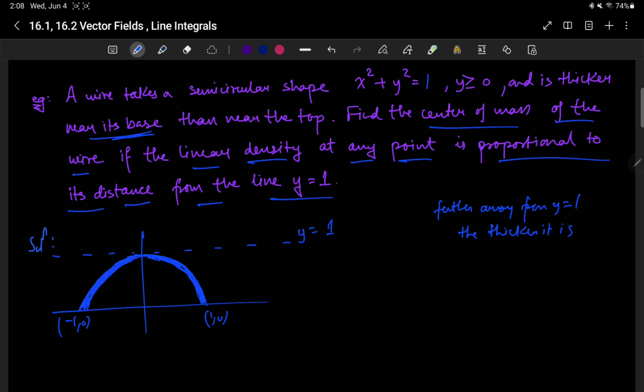Since the goal is to find the center of mass, first of all we have to find the mass. To find the mass, we need the density function. All we know is that the density function is proportional, so some constant k, times 1 minus y. This k is because of proportionality. 1 minus y because it's thicker at the base.